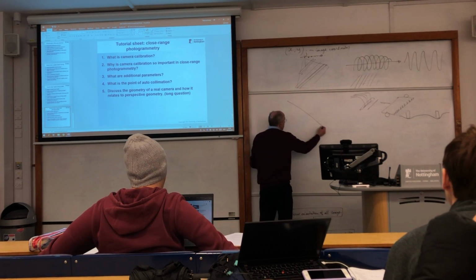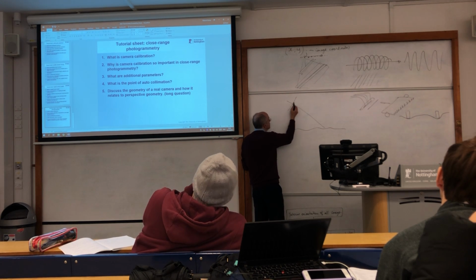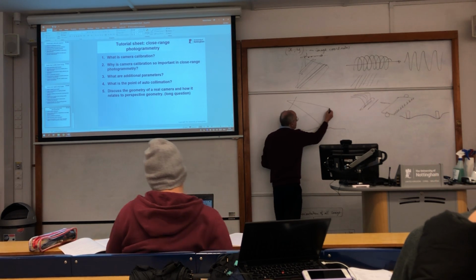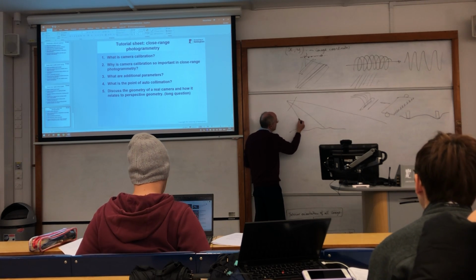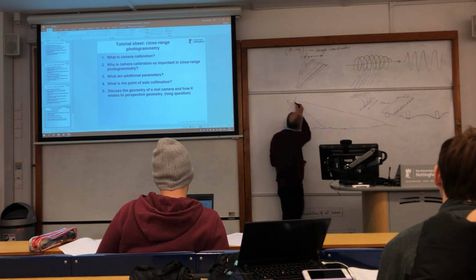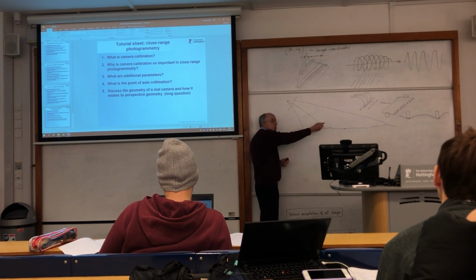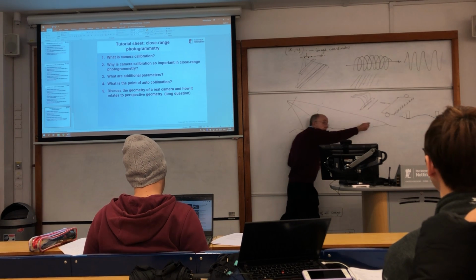If you've got an oblique camera like this, where the camera is intentionally tilted, then you start to have that sort of situation occurring over here, where you've obviously got a large differential range between that and that.